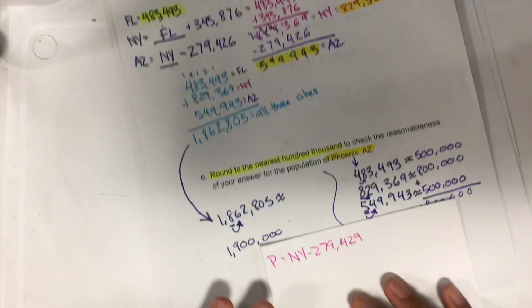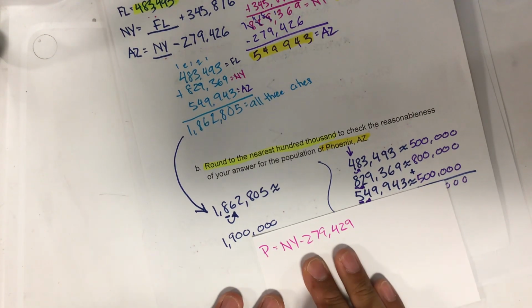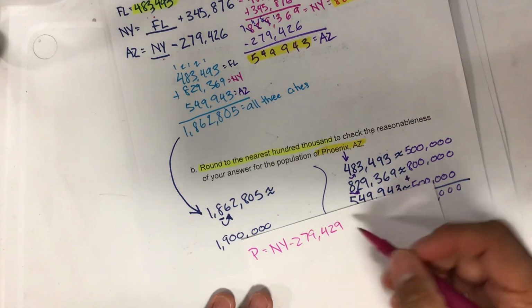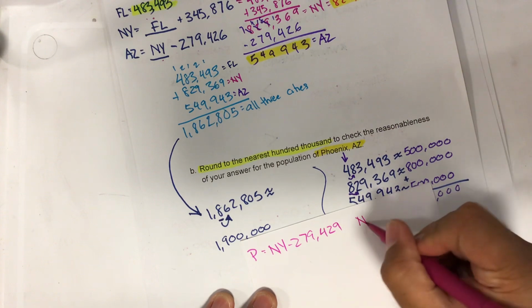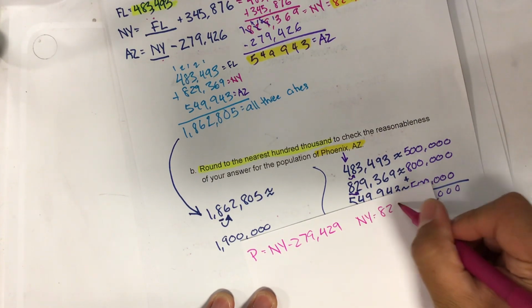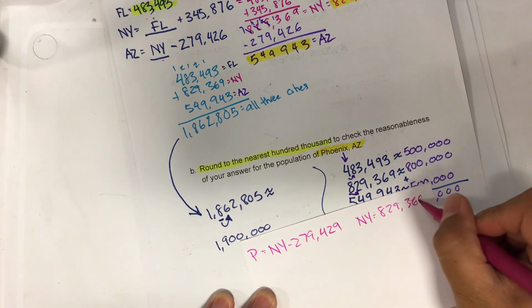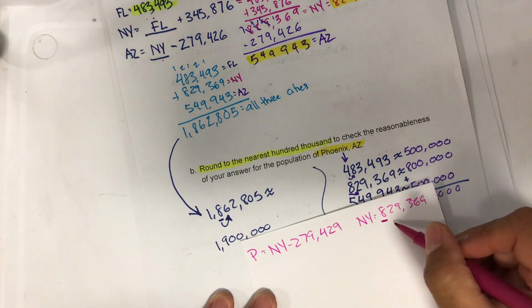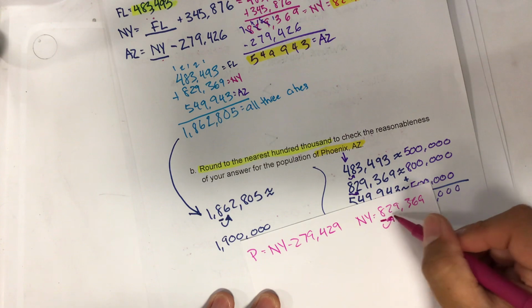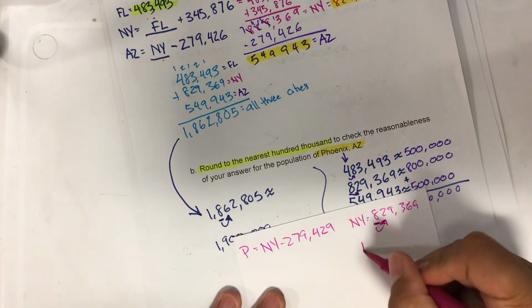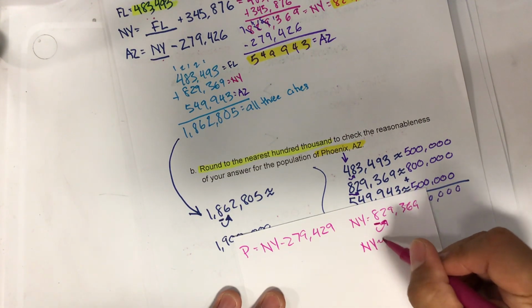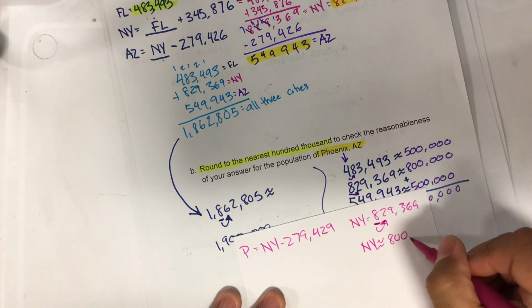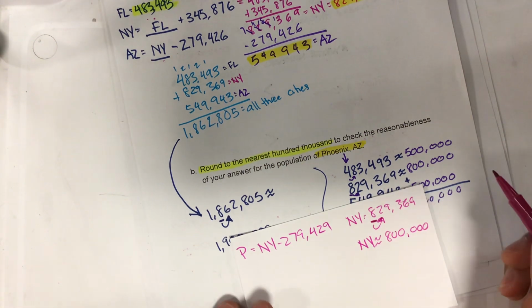So when we do that, we're going to need to do our rounding. If we know that New York has 829,369, we round that by finding that 100,000 spot. Look next door, and since that's a 2, our 8 will stay the same. So New York has about 800,000 people in their population.